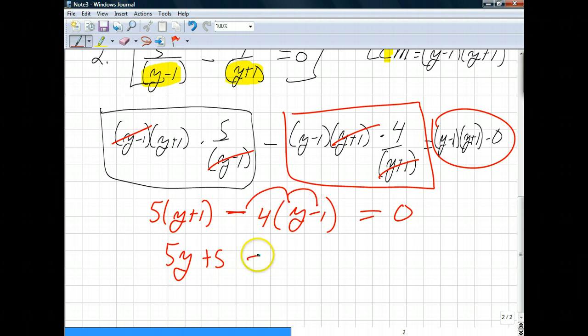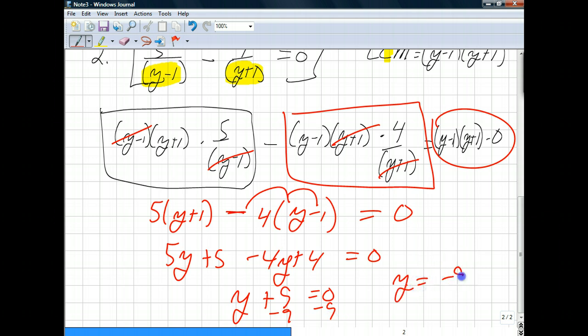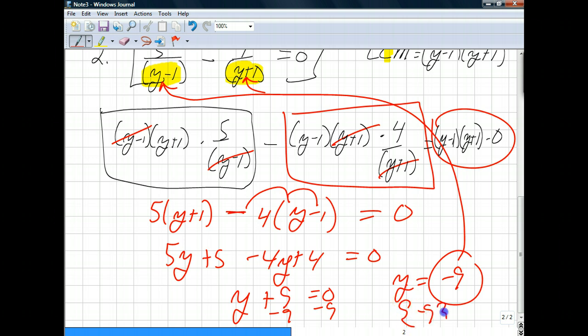Distribute the negative 4. Collect like terms. Whoops, I forgot my y here. So I get y plus 9 equals 0. So I subtract 9 from both sides, so I get y equals negative 9. Then again, remember I need to check to make sure that that negative 9 is in the domain, and it is, so my solution is negative 9.